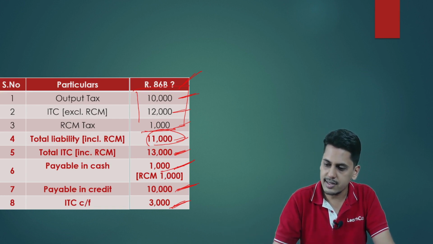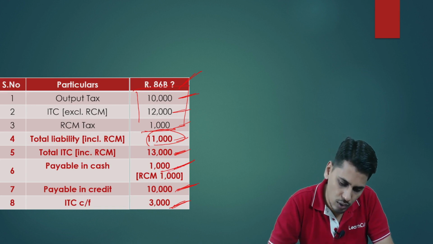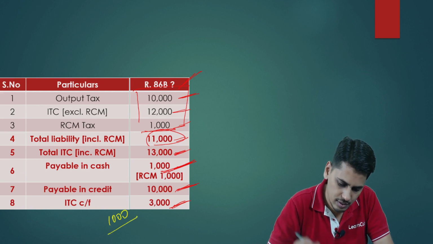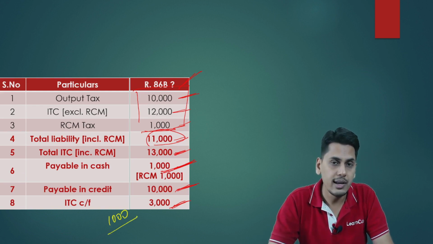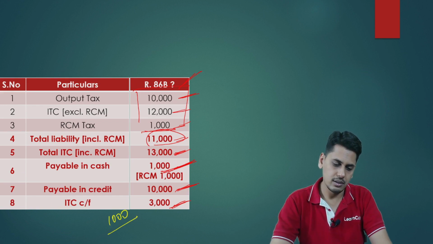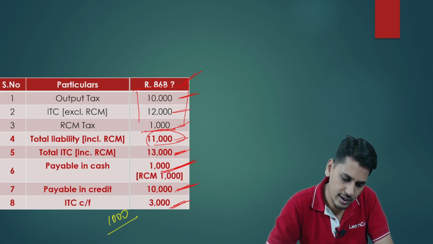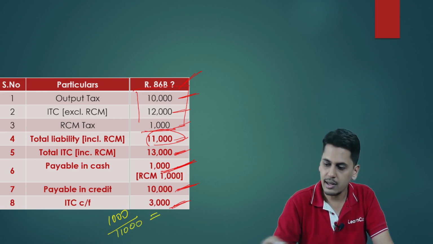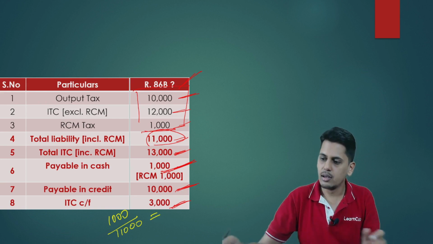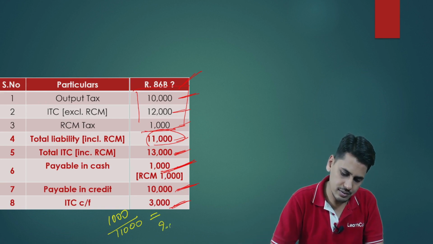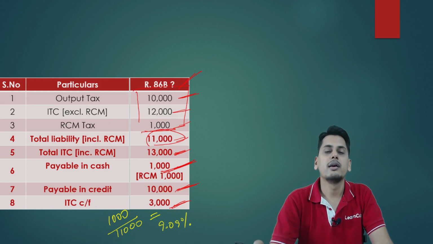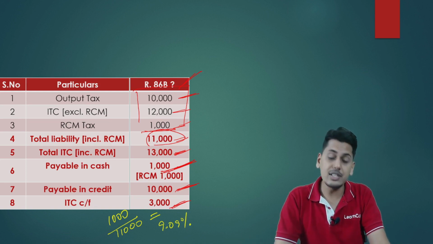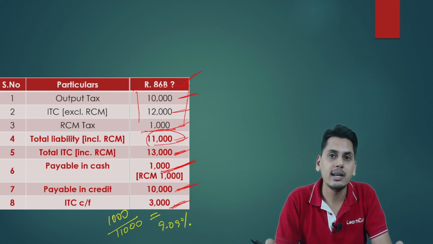Now friends, if I take 1,000, which is what I have paid from my cash ledger, and divide it by the total liability, which is 11,000, it is 9.09%. I repeat, it is 9.09%. Of the total liability, I have discharged 9.09% through my cash ledger.